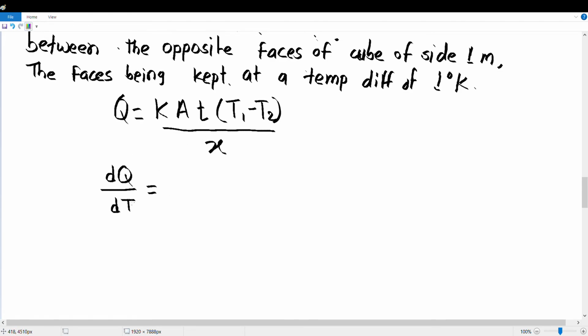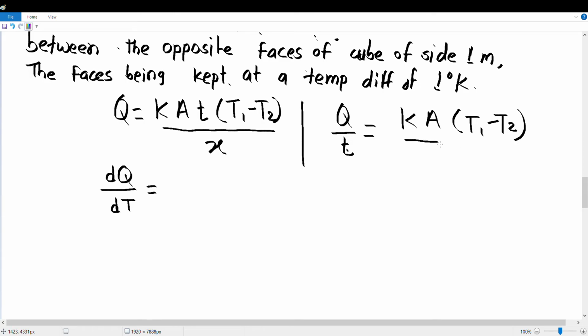now let's rearrange this equation first. This Q by T, this T is transferred to this side. What we get? Q by T is equal to K into A into (T1 minus T2) divided by X. And now differentiate this equation.